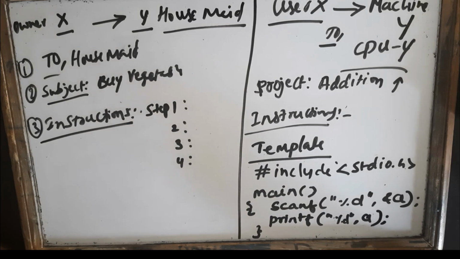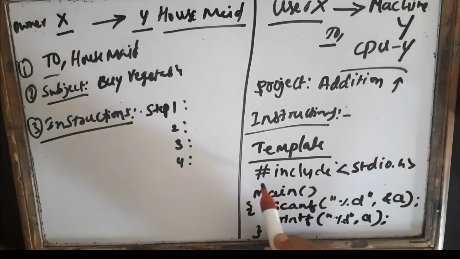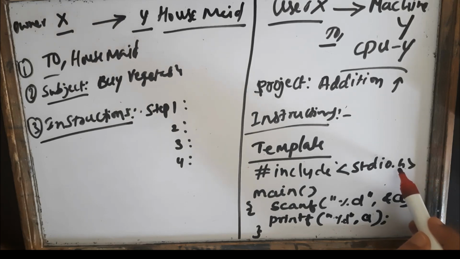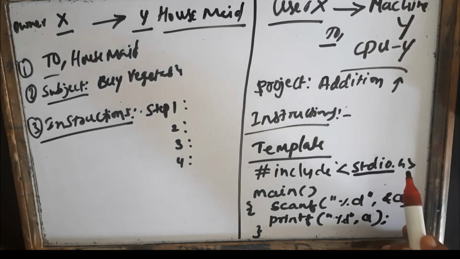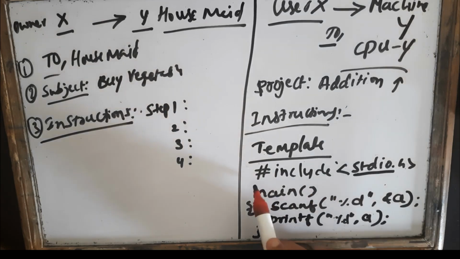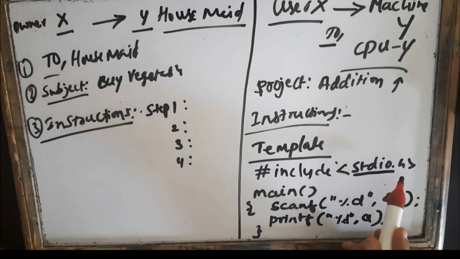Okay, so here the include stdio.h means this is a standard IO. The standard IO is keyboard and monitor. IO means input output. The input is keyboard and output is monitor. This we need to include in almost all the instruction sets, all the templates.